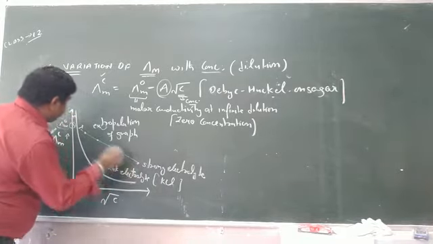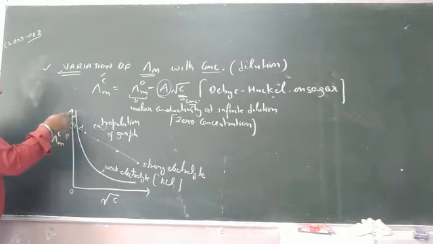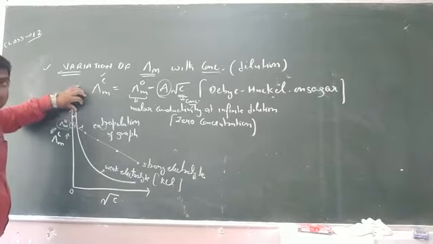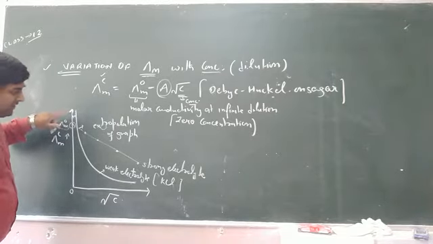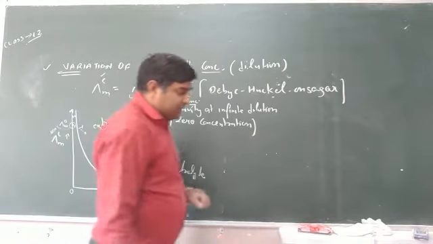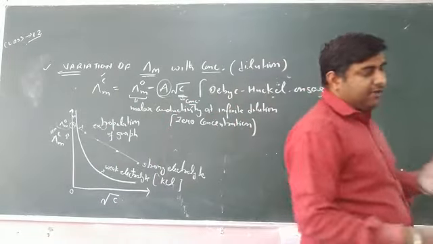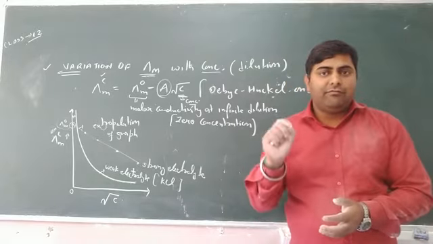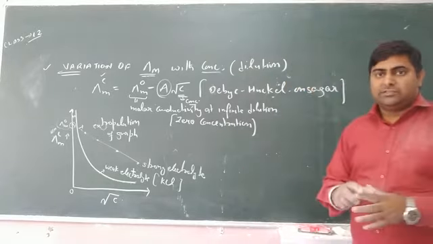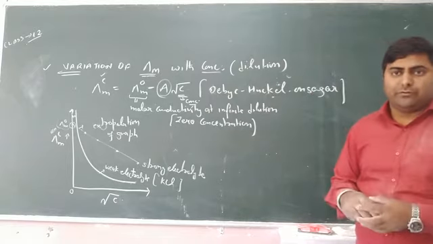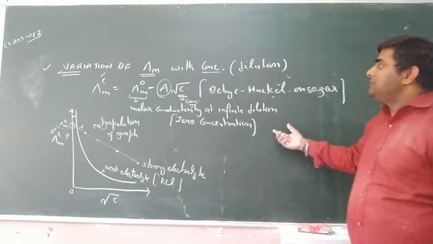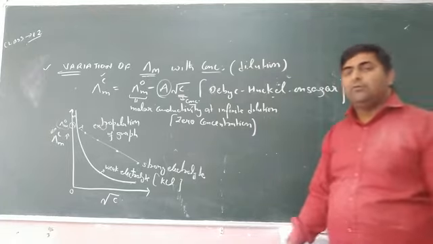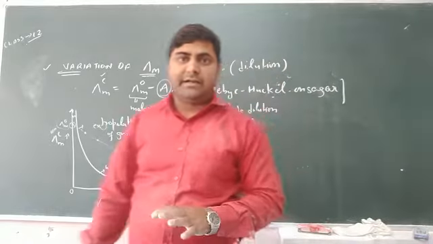To overcome this difficulty, to calculate the molar conductivity of a weak electrolyte at infinite dilution, Kohlrausch gave his own view. This one is known as the Debye-Huckel and Onsager view, that is variation of molar conductivity with concentration.